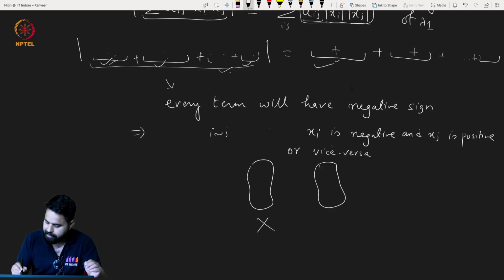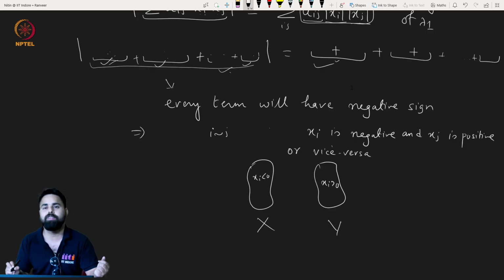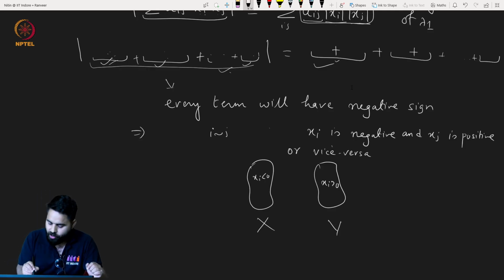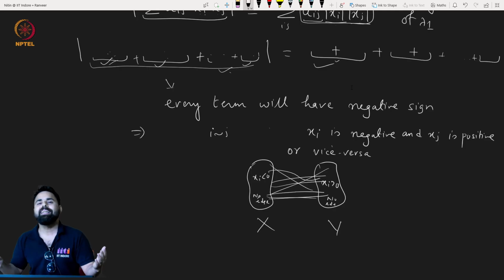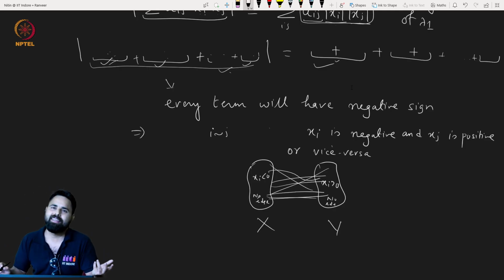One part consists of all the indices where xi is less than 0, and the other consists of all i where xi is positive. There is no edge inside either part, and all the edges go in between. Okay, so this is indeed a bipartite graph.